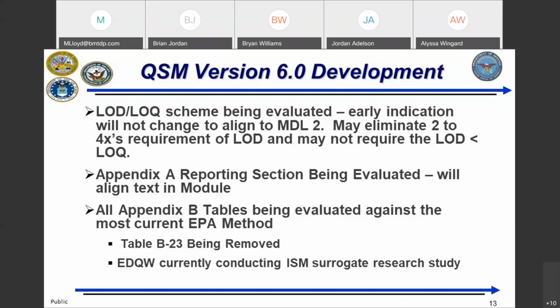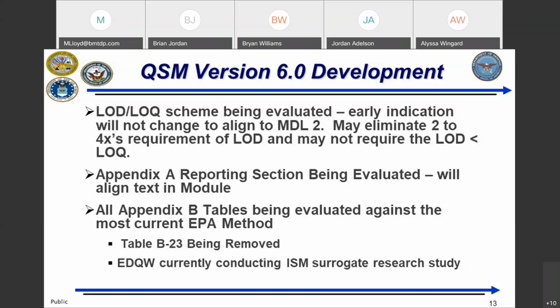The subgroup does recognize the challenges MDL2 has brought about with our scheme, however. With that being said, we may eliminate the 2 to 4 time requirement of the LOD, and we may not require the LOD to be less than the LOQ. So those are some of the things we're looking at.